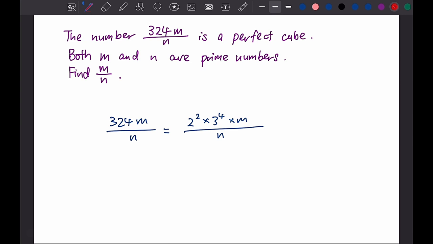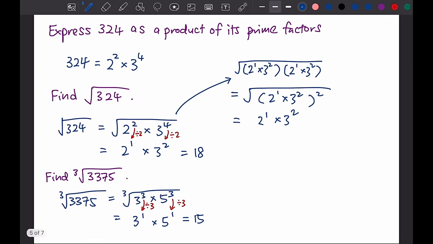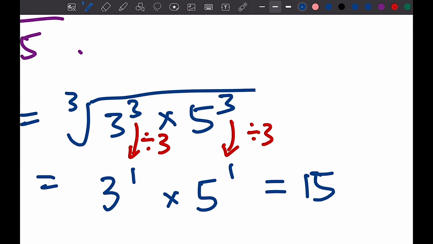Next, this question is slightly more higher order in thinking. The number 324 m over n is a perfect cube. Now, remember that in the previous example, if you can cube root a number, it means to say the power obviously must be able to be divided by 3, right?